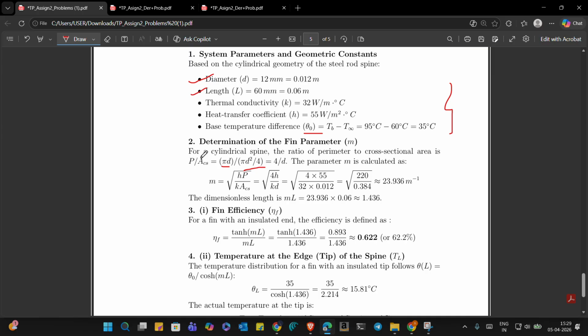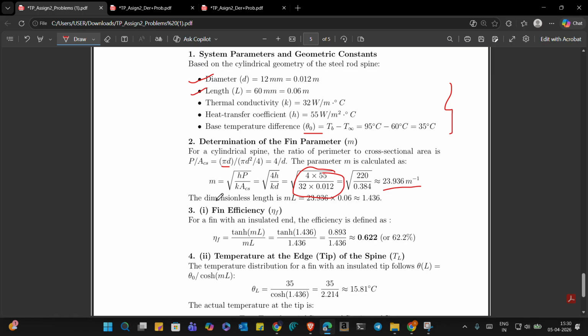So this perimeter by cross-sectional area term is reduced to 4 by d. We can directly substitute this term in place of P by A. So this overall term is reduced to 4h upon kd, and we substitute the necessary values that we have been given in the problem. Thus we get the fin parameter as 23.936 meter inverse.